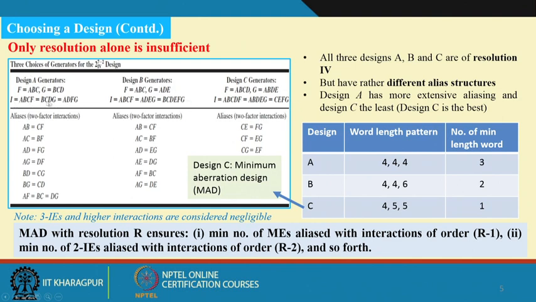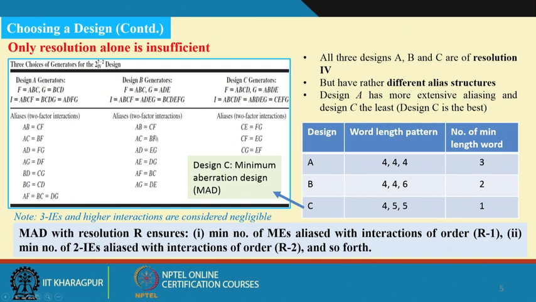Here you see that in all the defining relations, only 4 words, here 2 4 words, 1 5 words, here 2 5 words and 1 4 words. I think here 1 is 6 words in the second one. Now once you know the defining relations, you are in a position to find out the aliases. So using design A, you are going to get these many aliases for 2-factor interactions, assuming that the 3 and higher order interactions are 0.